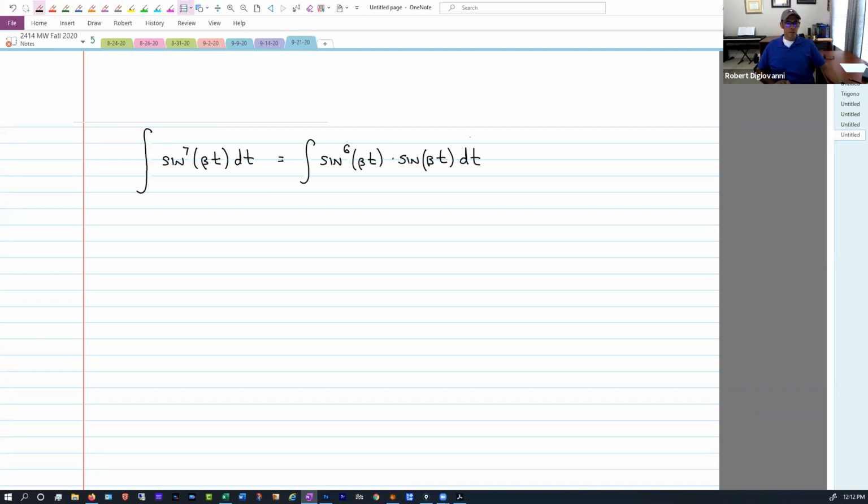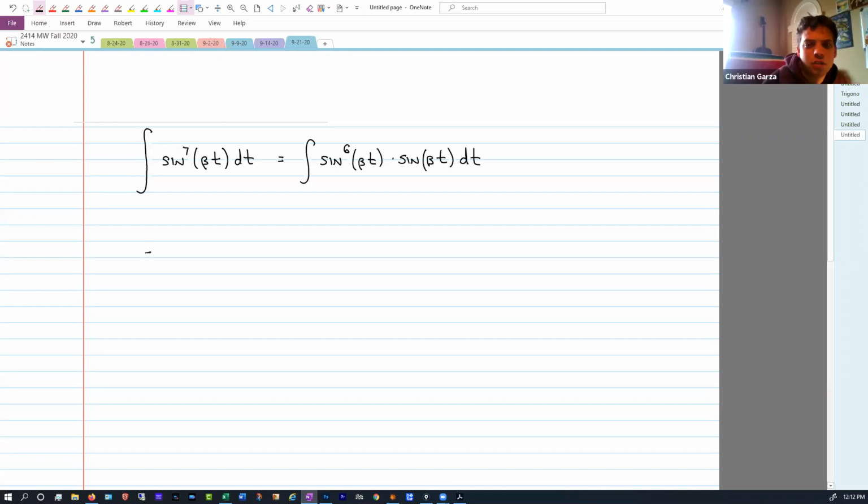Now this is where things get a little tricky here, because that's not sine squared, right? So I cannot replace that with 1 minus cosine to the 6th, right? I can't do that. So does anyone have any ideas on how we can still use the Pythagorean identity?